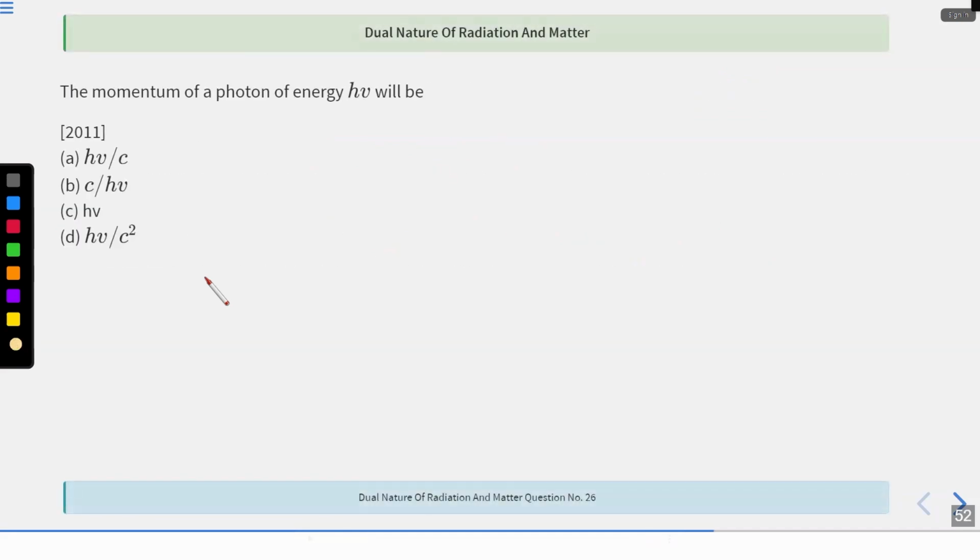Okay, so we've done this. Let's move on to the next question. The momentum of a photon of energy hν will be, okay, so we have been given the momentum, and we know that the energy is hν, and I can write my p to be root 2mE, right?